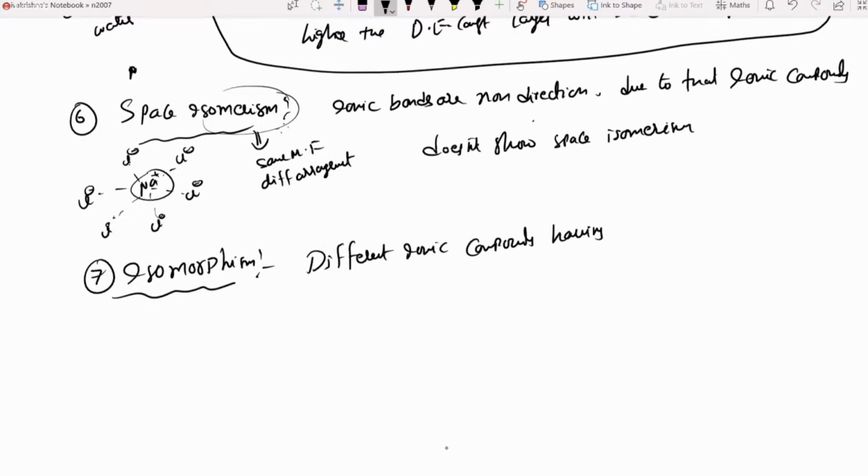So isomorphism: different ionic compounds having the same charge, same configuration or geometry of ions are isomorphs to each other.